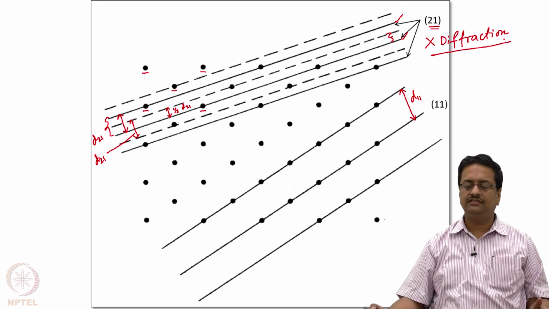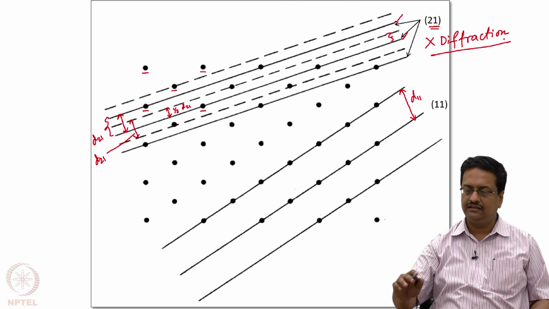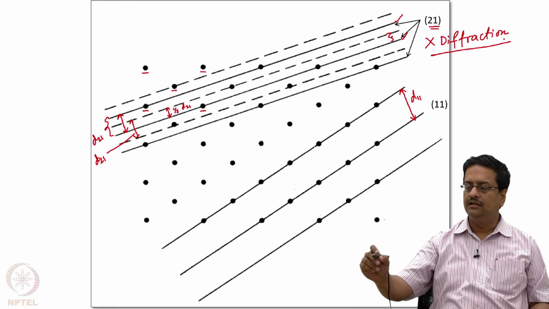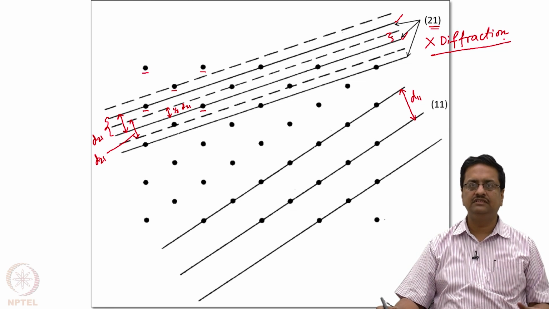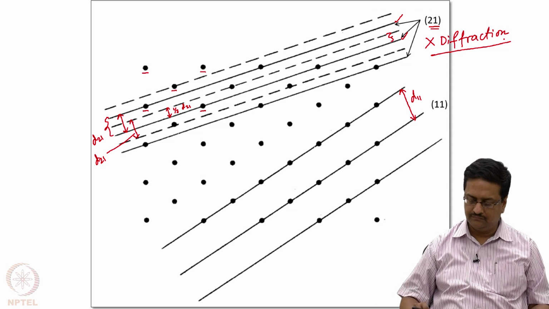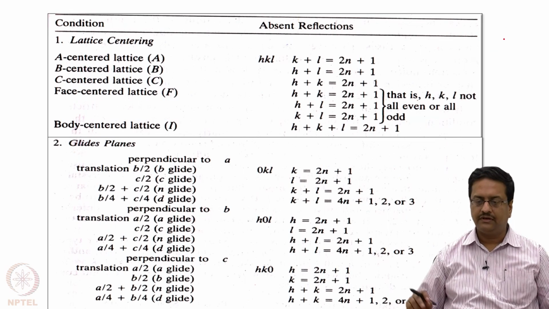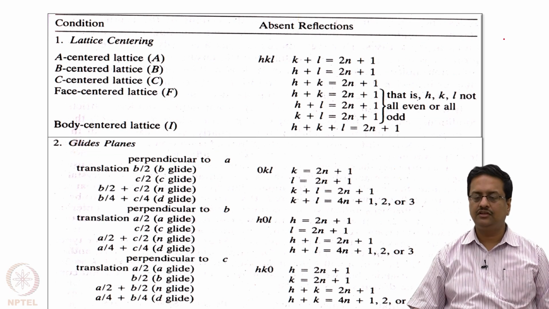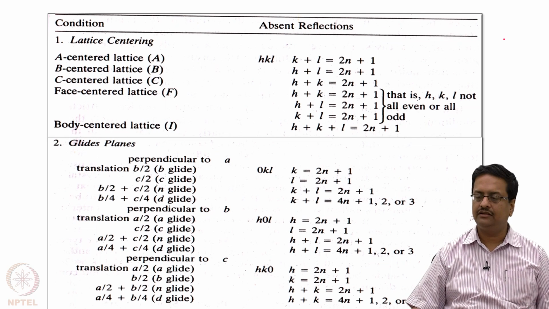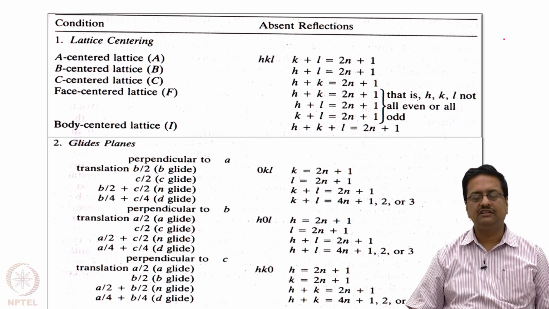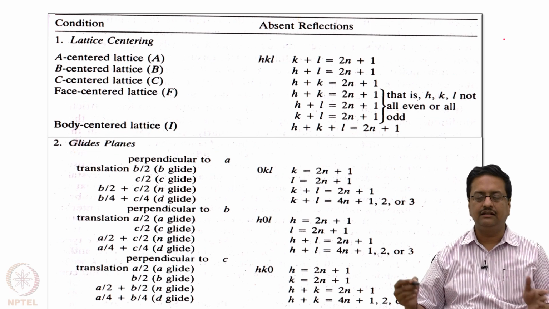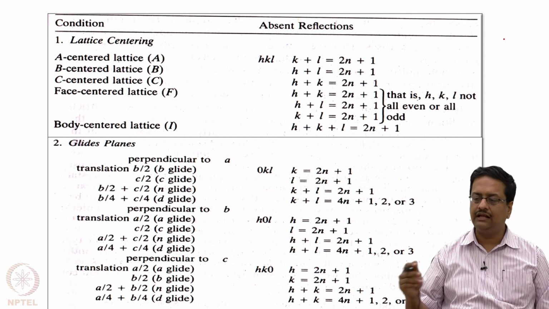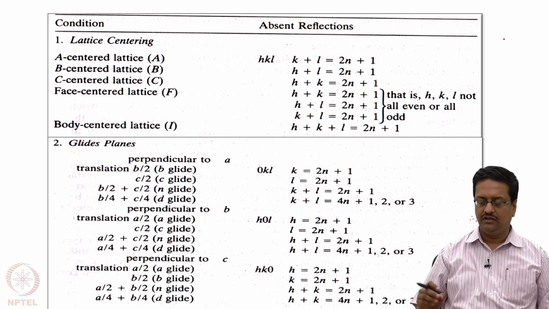So from a diffraction pattern of a centered lattice like this in 2 dimensions, the 2, 1 set of planes will be systematically absent. For the time being, I am only introducing you to this lattice centering and the corresponding systematic absence conditions, but at a later stage we will be able to derive these conditions using some equations.